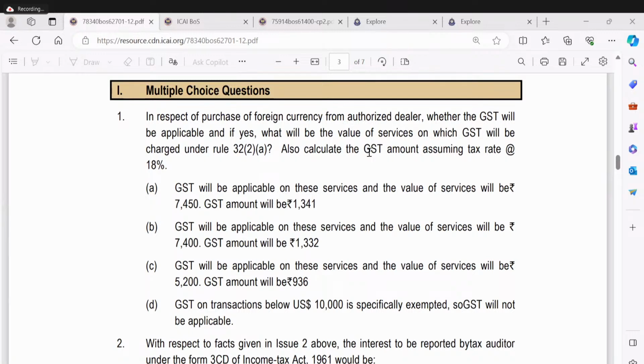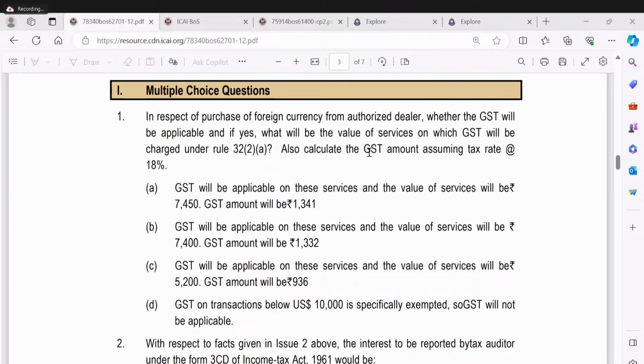However, the definition of service explicitly includes the use of money or conversion of money from one currency to another under the purview of services. So when conversion of money from one currency to another has been specifically included in the definition of services, the supply of this qualifies as supply, because when we are converting the currency from one form to another form, it is considered as service.